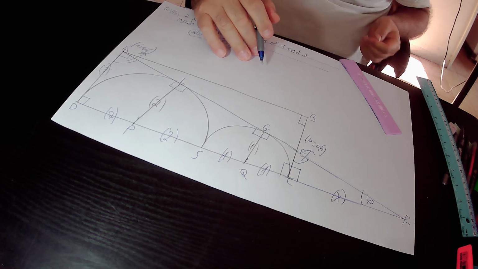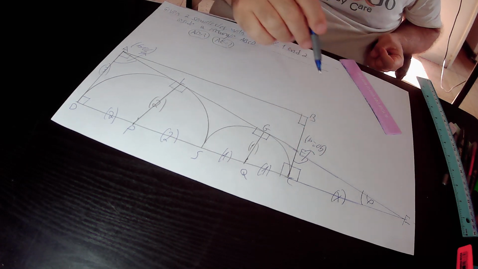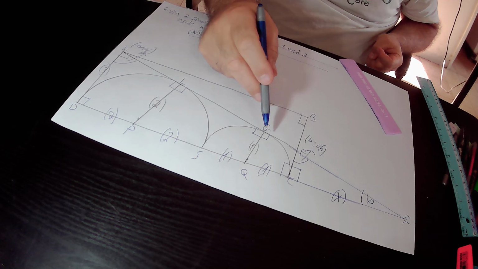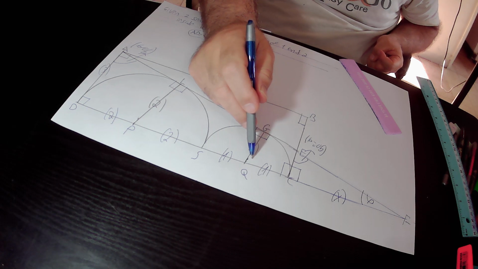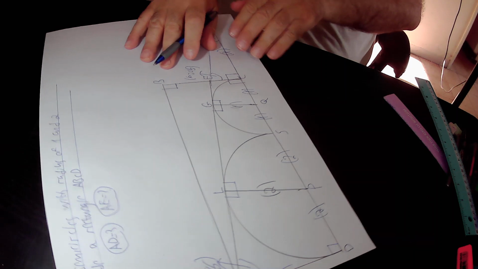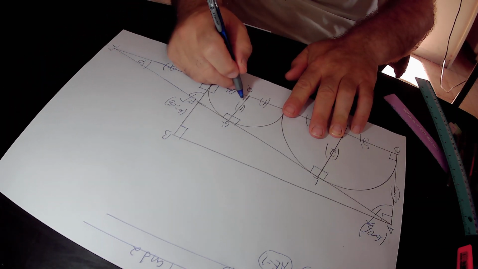So inside the small right triangle GQF, this angle equals alpha, this angle equals 90 degrees. Therefore, this third missing angle must be equal to 90 degrees minus alpha, according to the rule that the sum of the angles in any triangle is equal to 180 degrees.